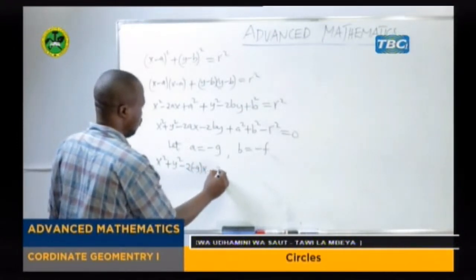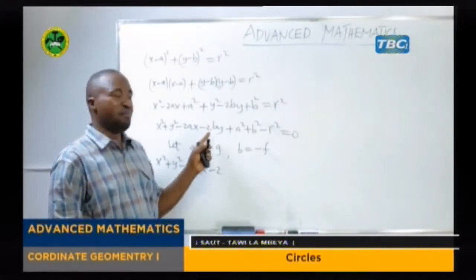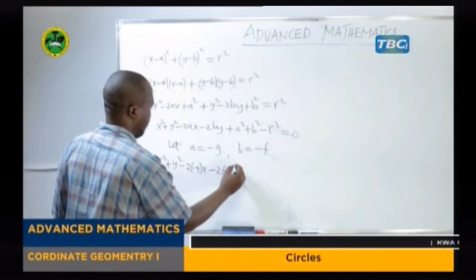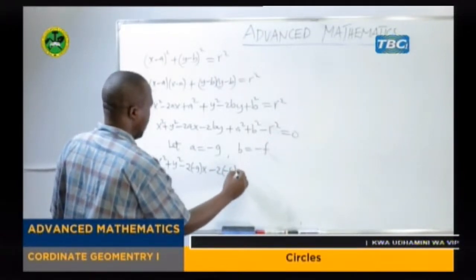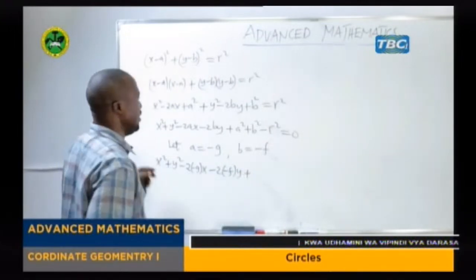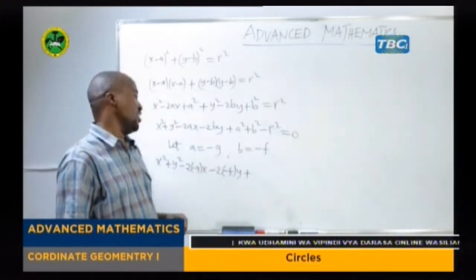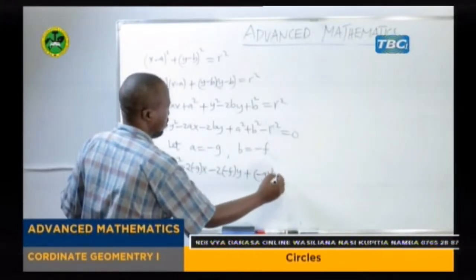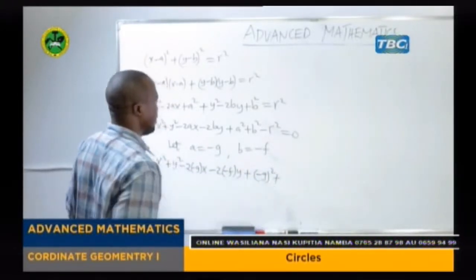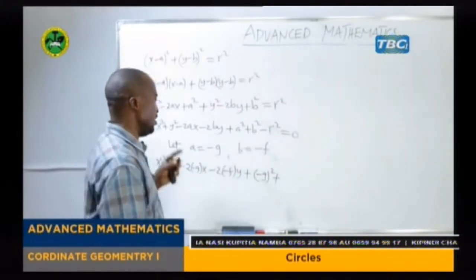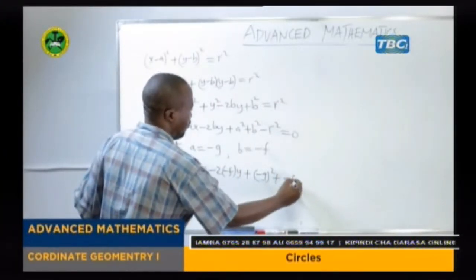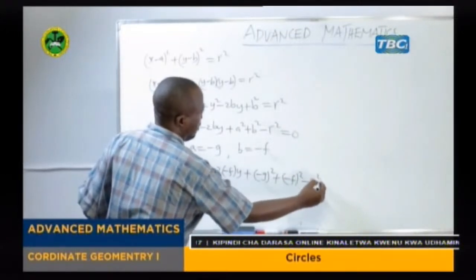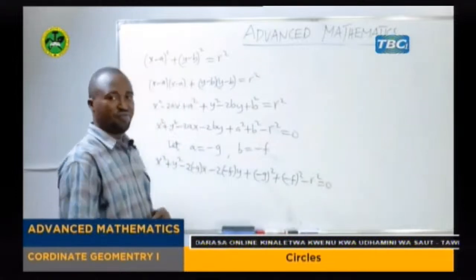Then again minus 2, this time we have b, b is equal to negative f, so we have negative f y, plus we have a squared, which is the same as negative g squared, again plus we have b squared, which is equal to negative f squared, then minus r squared is equal to 0.